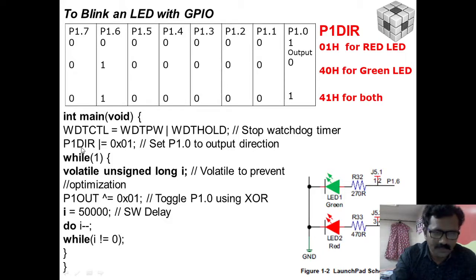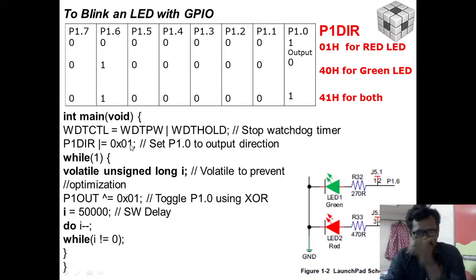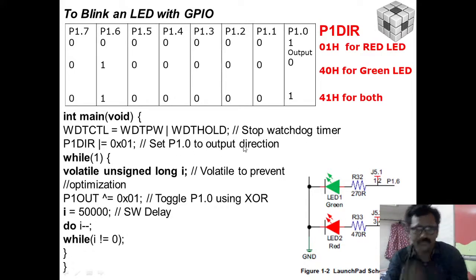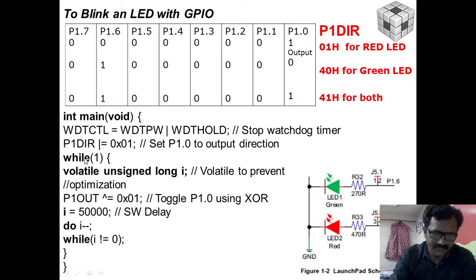Next, this is P1DIR, the port 1 direction register. Our operation is equal to 0x01. That means 01 is this one, you see, 00000001, so 01H. So we have given here 01, so set P1.0 to output direction. Then this is an infinite loop, while(1), we are putting an infinite loop here.